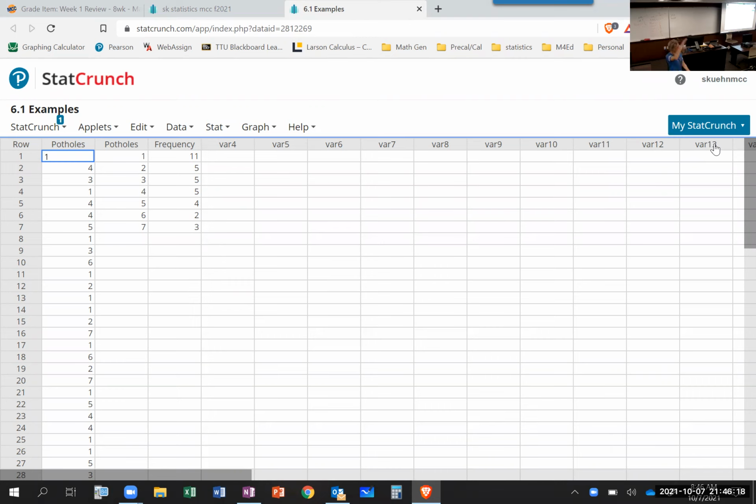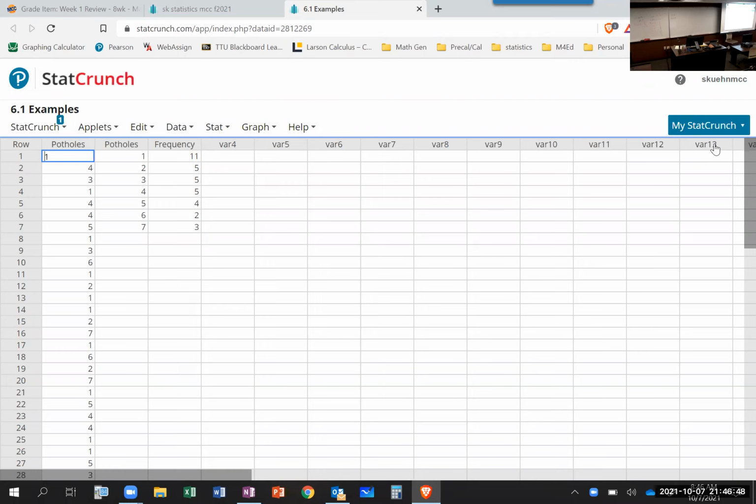All right, so there was 35 stretches, okay? And then what? 3, because there were 3 occurrences of 7 potholes, right? So I would take this number and divide it by the total. What kind of table is that called?